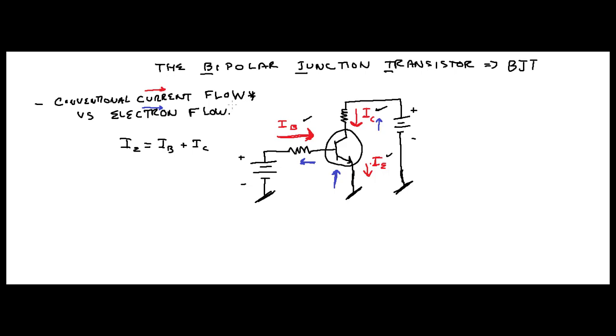Electron flow is very good for understanding the internal operations of what's taking place. But I just want to make sure that everyone understands the difference of what's happening. So when we're doing problems, the problems are going to be using conventional current flow. And I'll make sure if there's any difference, I will state that.